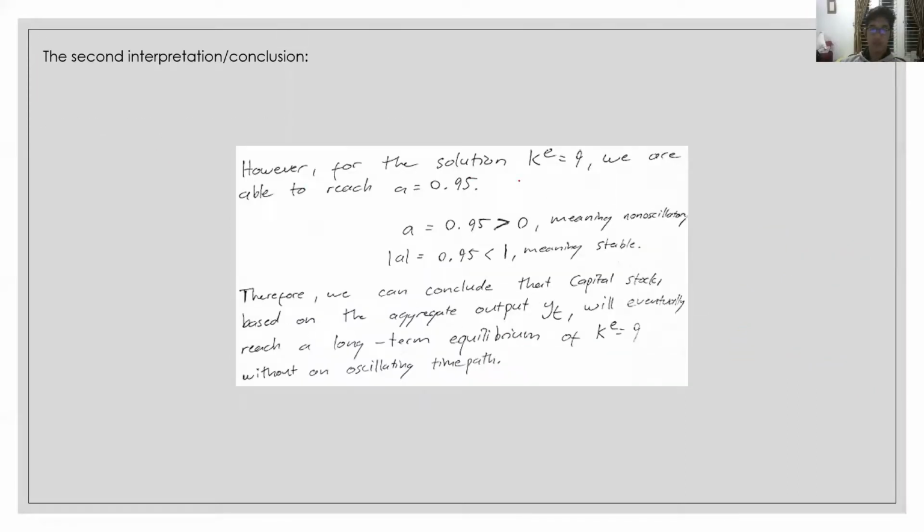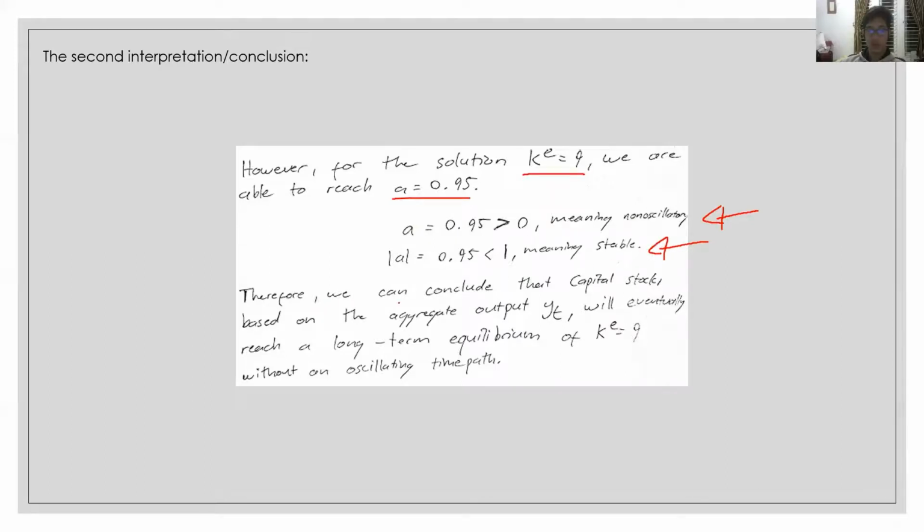However, for the solution Ke equals 9, we are able to reach an a of 0.95. 0.95 is bigger than 0, which means it is non-oscillatory, and the absolute value of 0.95 is smaller than 1, meaning stable.